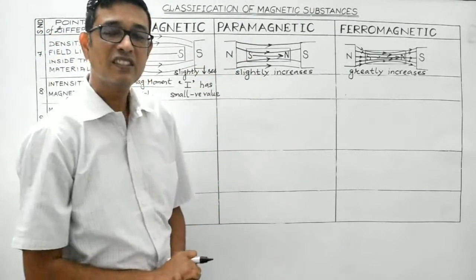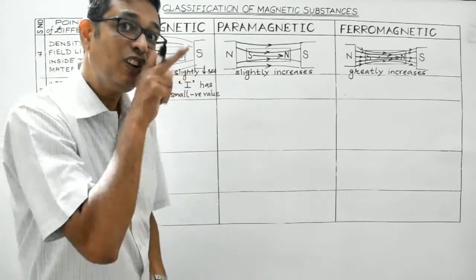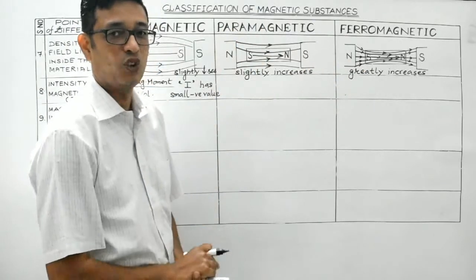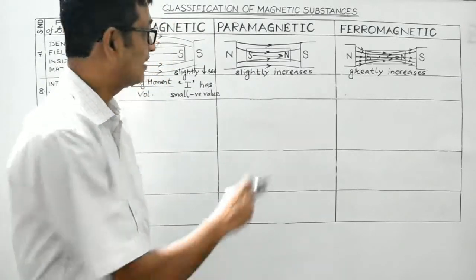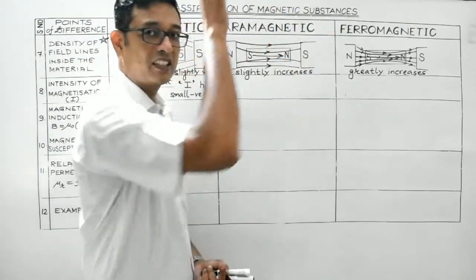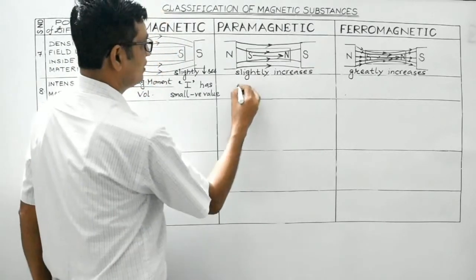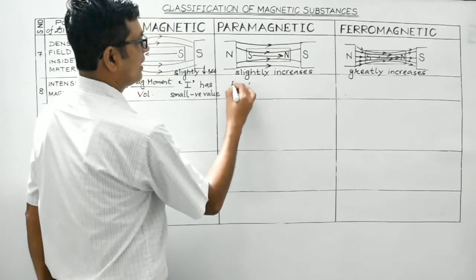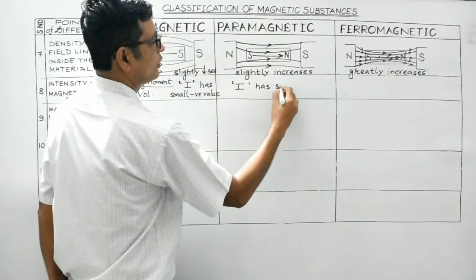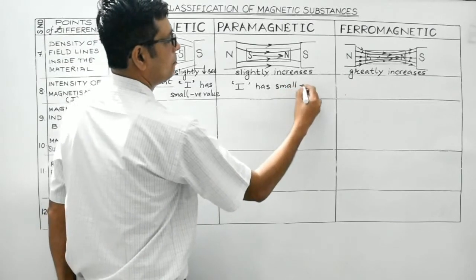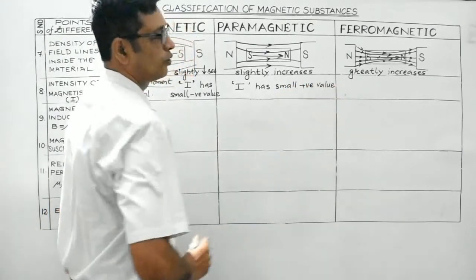In this case, students, paramagnetic substances get feebly magnetized along the direction of the external magnetic field. So again, the magnitude of I will have small value. But since it is getting magnetized along the direction of the external magnetic field, it will have positive small value. So the intensity of magnetization of a paramagnetic specimen has small positive value.